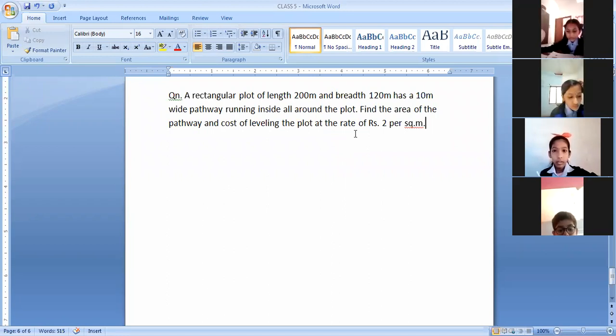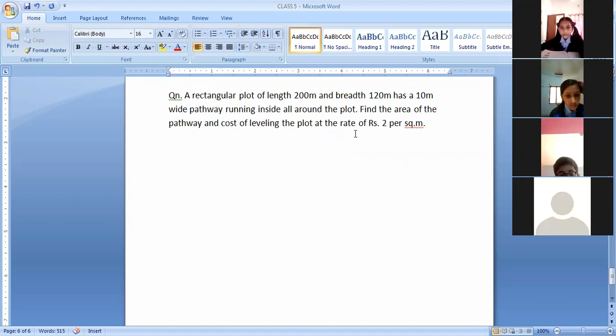Length 200 meter, breadth 120 meter. Did someone tell you that? No. Okay, good. Length 200 meter, breadth 120 meter. So we understood that there is a rectangular plot of length 200 meter and breadth 120 meter.